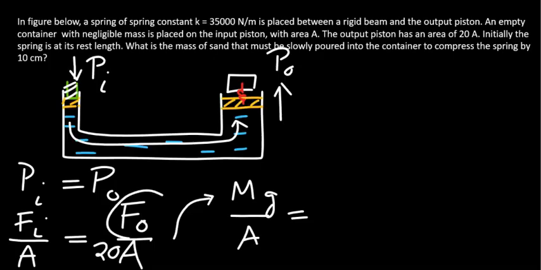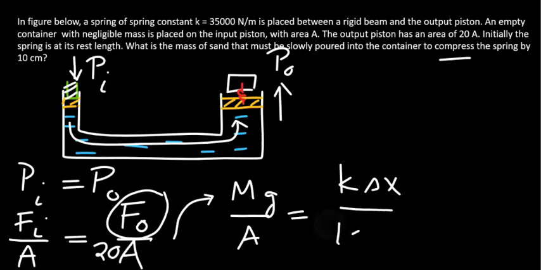Now what is the force on the output piston? We're dealing with a spring here, so it's the spring force given by Hooke's law. So it is k, the spring constant, times the compression, we can call it delta x, over 20A. You see the A goes away, gets cancelled, and let's put in the numbers.